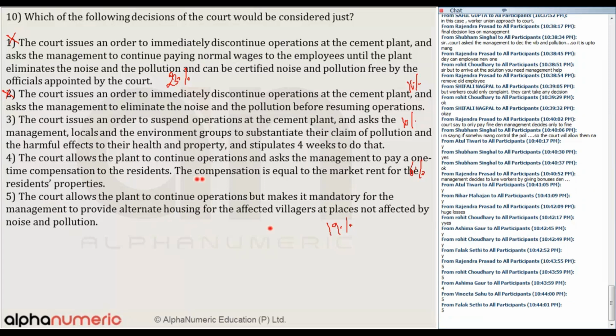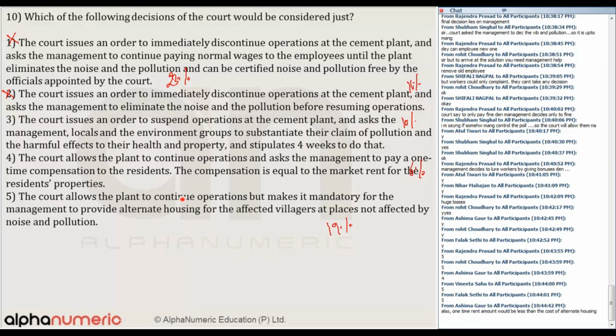And here, the compensation is equal to the market rate for the residents' properties. So in that case, anyone who wants to shift can shift on their own. That will be a much better option, because shifting each and every person from that village to some other village is again not justified to the management, the factory.